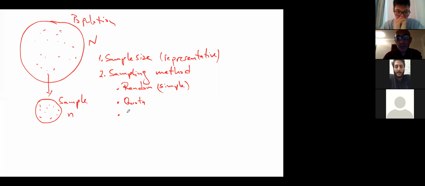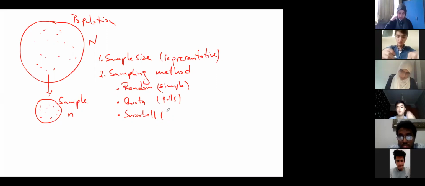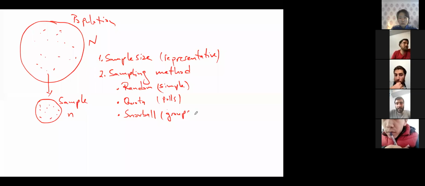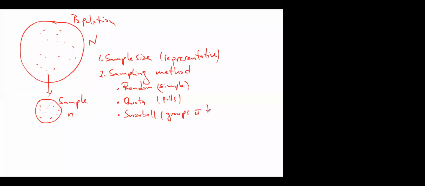We have spoken of snowball method sampling. Quota mostly used in polls, as you hopefully remember. Snowball used mainly for difficult access groups. Marginal groups or minorities.